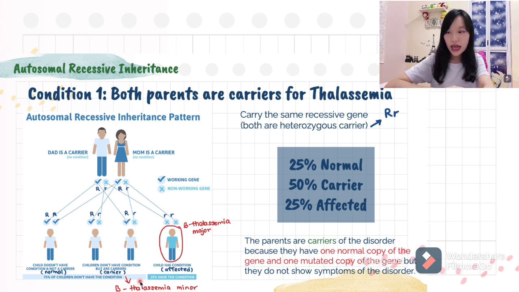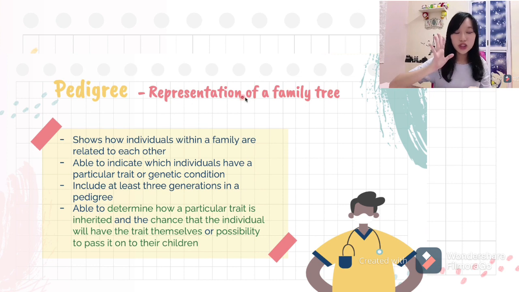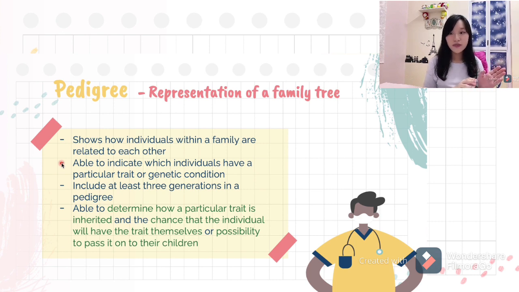And next, we'll talk a little bit about the pedigree. Pedigree is the representation of a family tree, and it shows how individuals within the family are related to each other. With a pedigree, we are able to indicate which individuals have a particular trait or a genetic disorder.